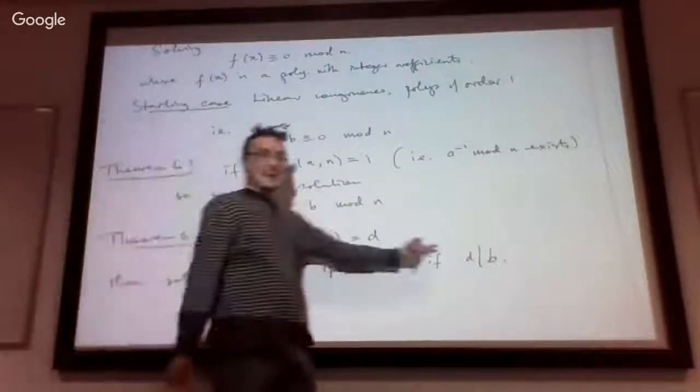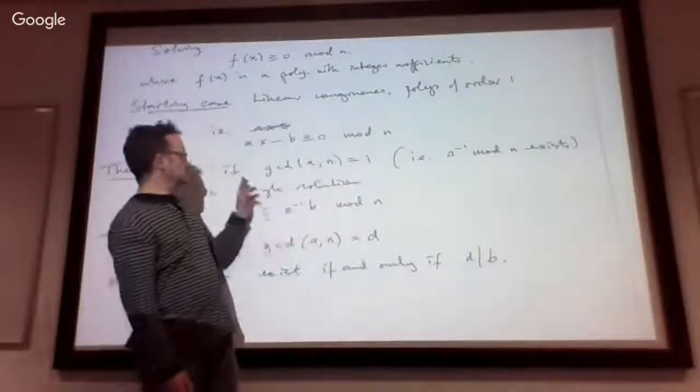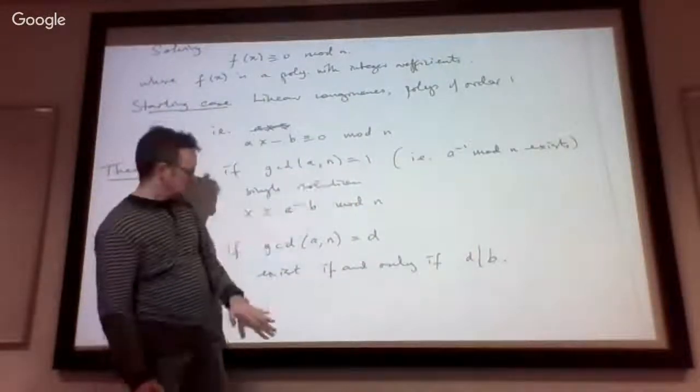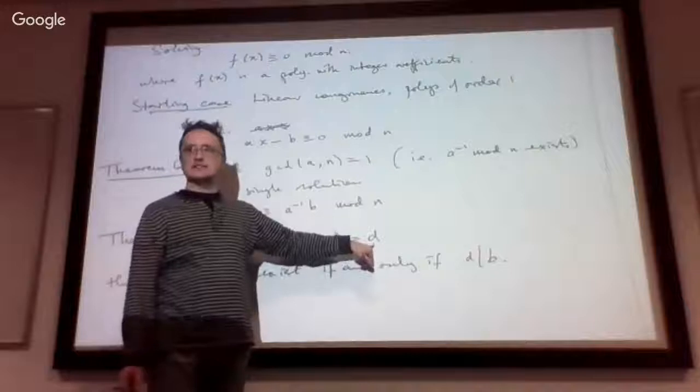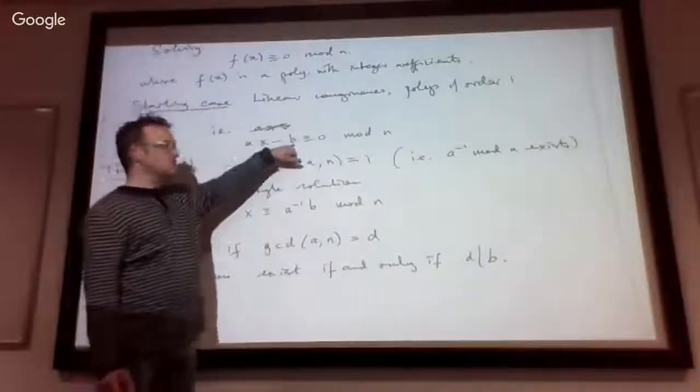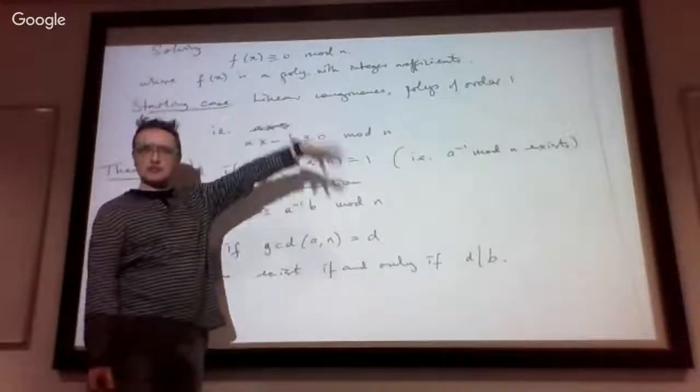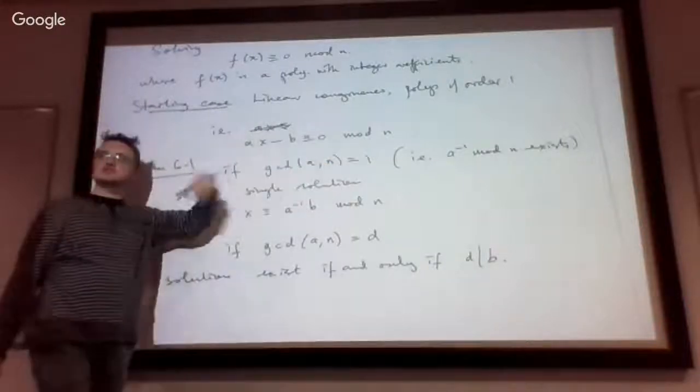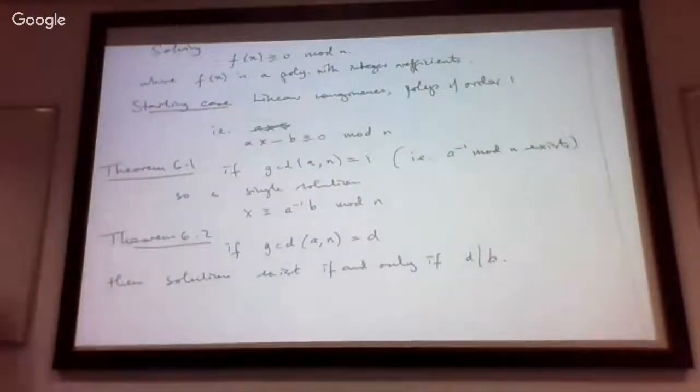That test is: you work out the GCD of a and n, you get this number d, and you test whether d divides b. If it does, then there are solutions that can be found. If it doesn't, there are no solutions. So we proved that yesterday.